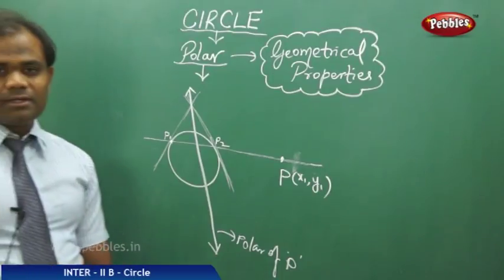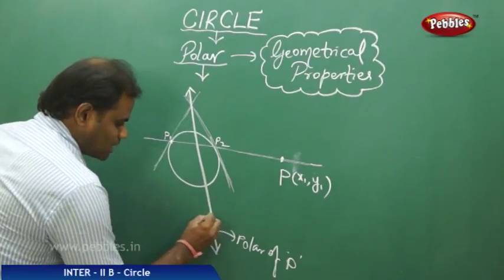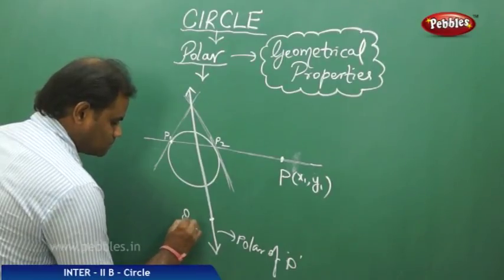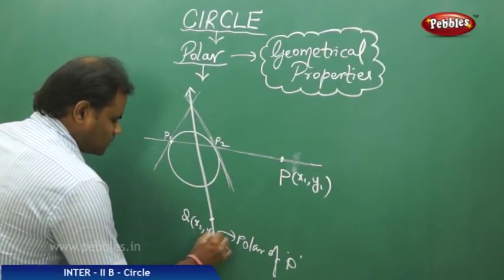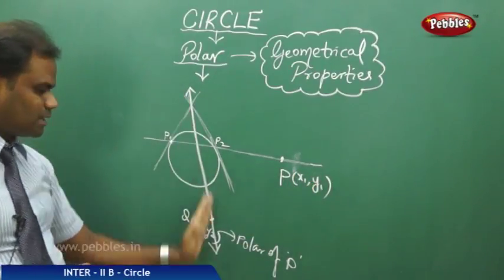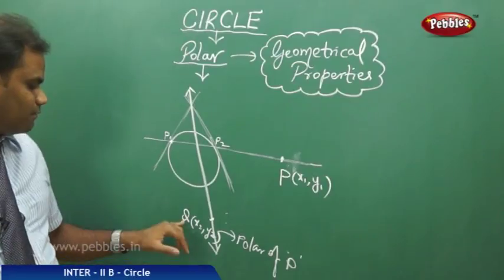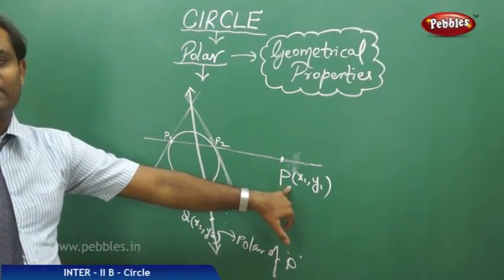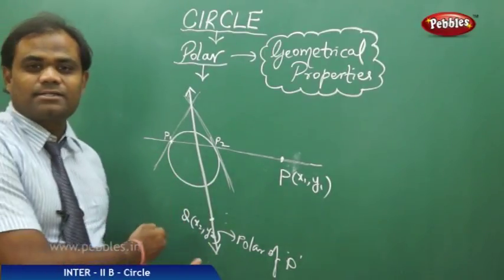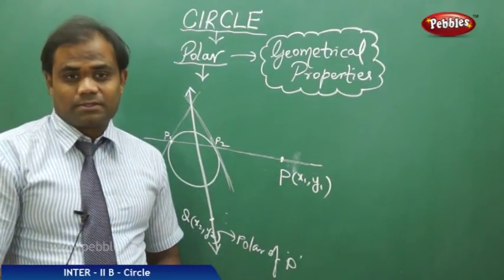Now the geometrical property which is very interesting here is that if I take a point on the polar of P, suppose a point Q, which is (x2, y2), then this point is very much connected with P. If Q (x2, y2) lies on the polar of P, then P (x1, y1) lies on the polar of Q. That is, P lies on the polar of Q and Q lies on the polar of P. To say it in the simplest words, they lie on each other's polars.